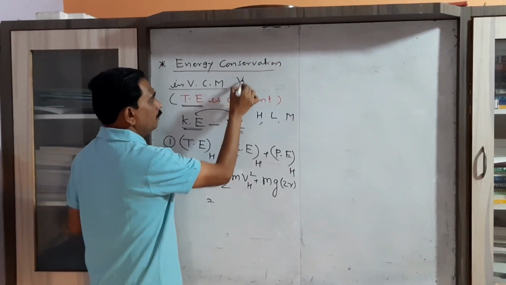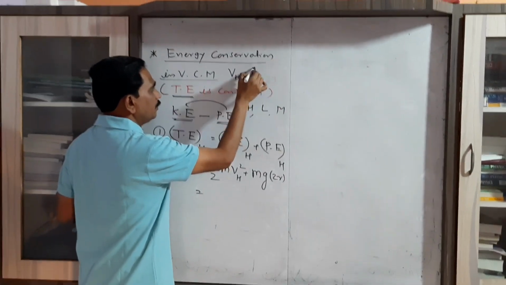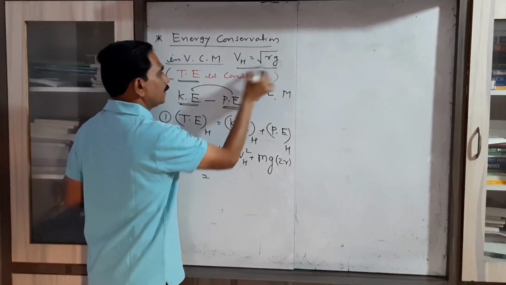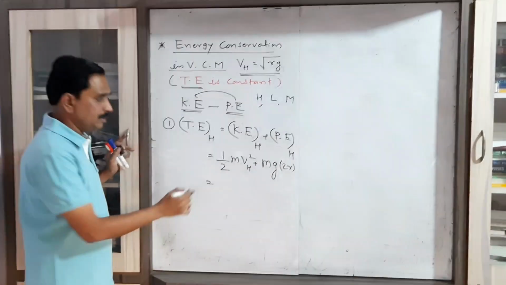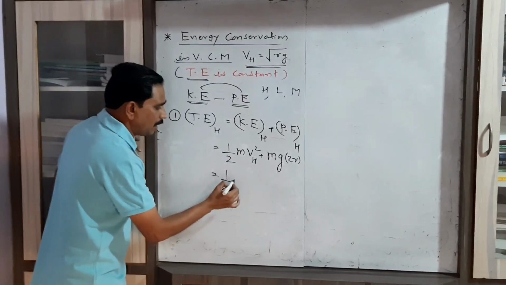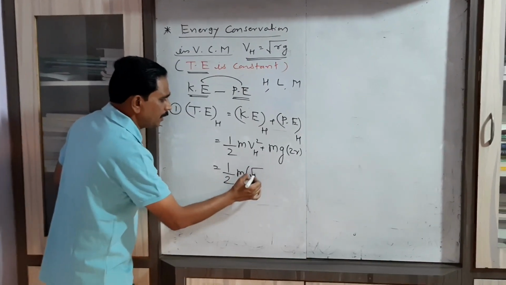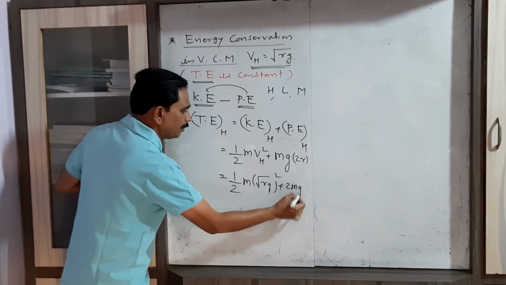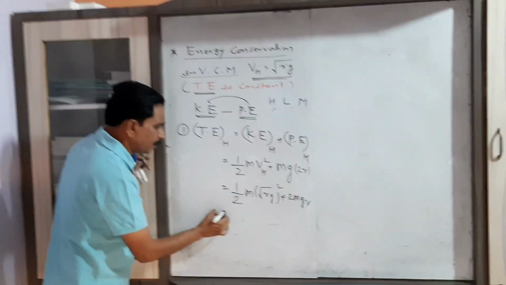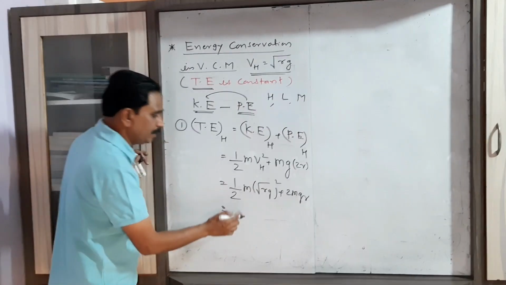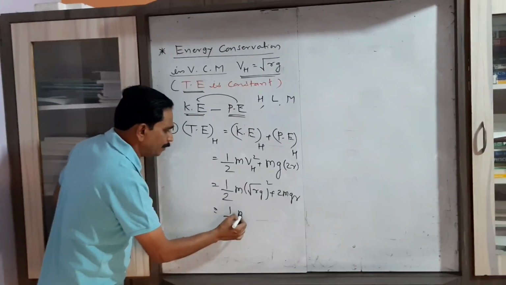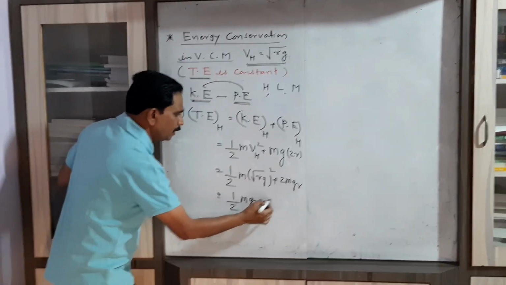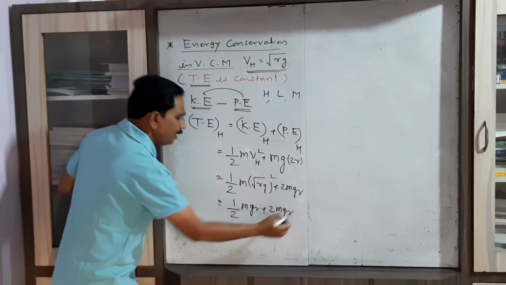Now just put the value of velocity at the highest position. We know that velocity at the highest position, when we use a string, is under root of rg. Therefore I write here half m under root of rg whole square plus 2mgr. That is equal to, if we simplify it, half mgr plus 2mgr.